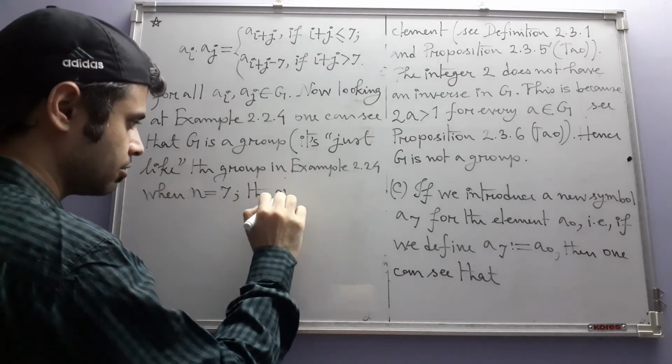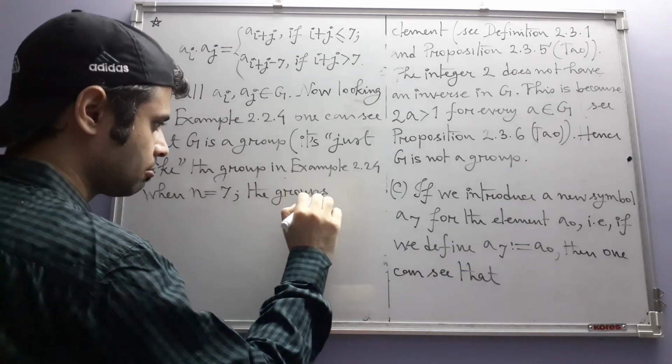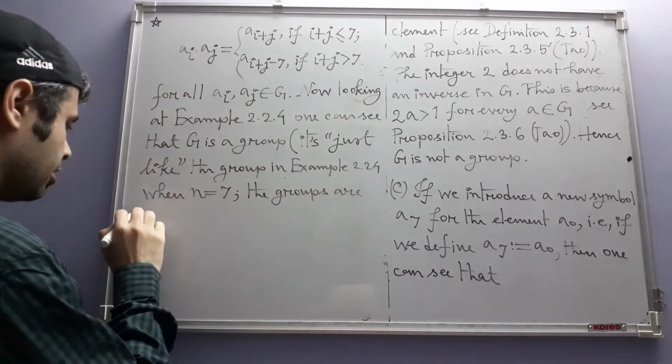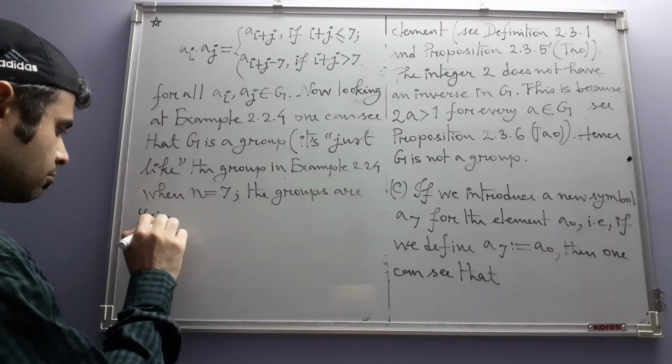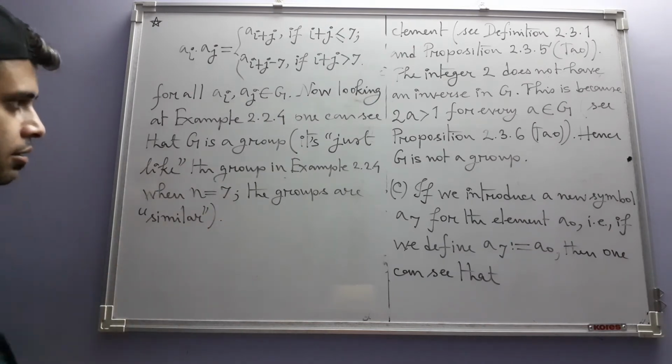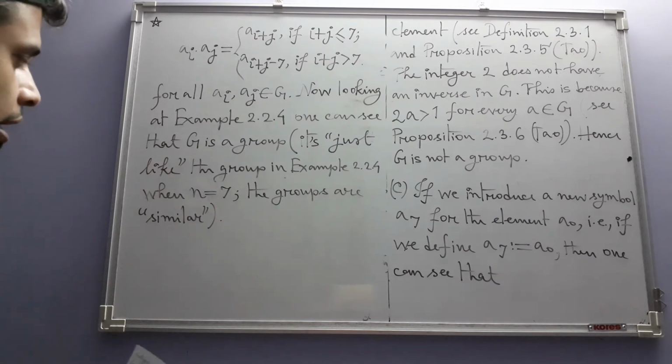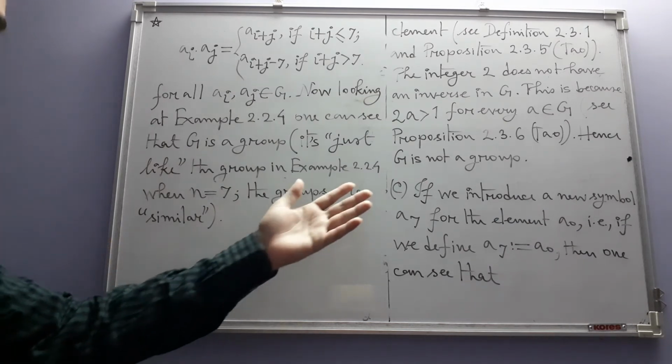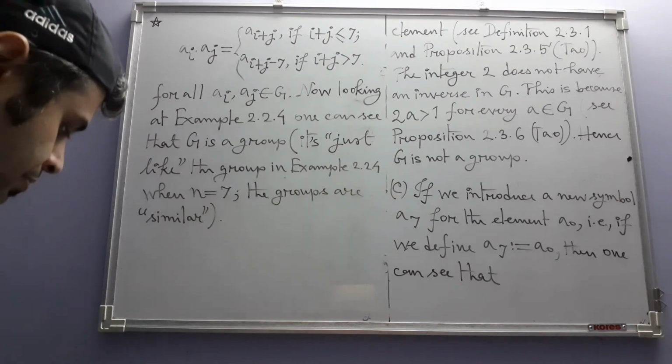Then we write the groups are similar. I am consciously avoiding the term isomorphic because that will come later on.